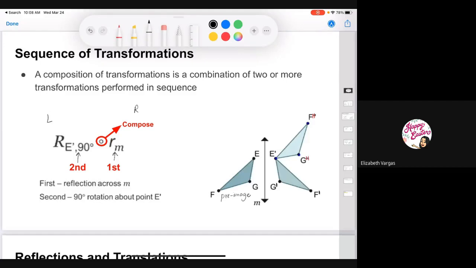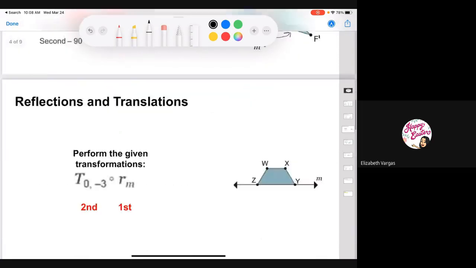So this will be our first transformation and this will be our second. The first thing we need to do is a reflection across line M, which we see happening right here. And then after that, you see a rotation about point E prime, 90 degrees. Any questions about this? So from right to left, that's how we read it.